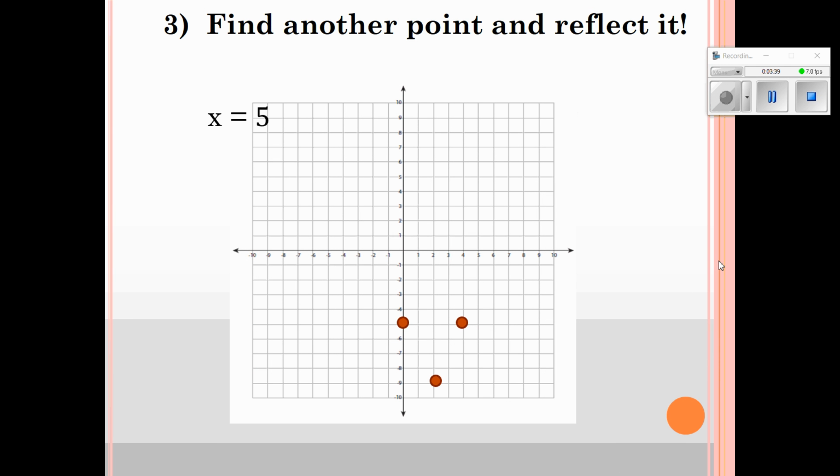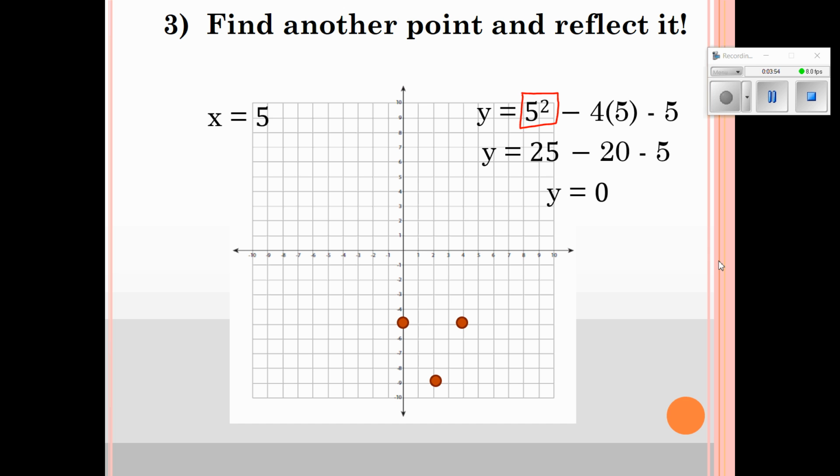So let's pick 5. When we plug that back into the equation, we're going to have 5 squared minus 4 times 5 minus 5. We evaluate the exponent first. So you're going to have 25 minus 20 minus 5, which is going to give us 0. So we have another point now. We know that we have (5, 0).